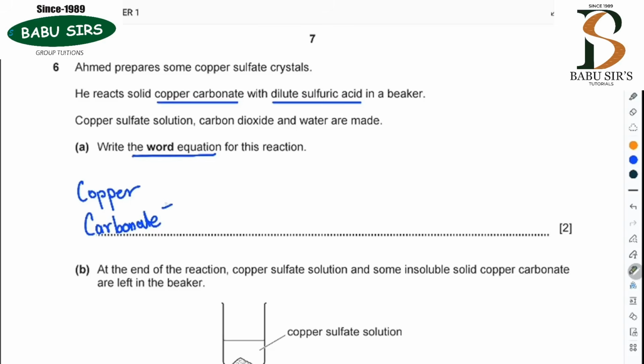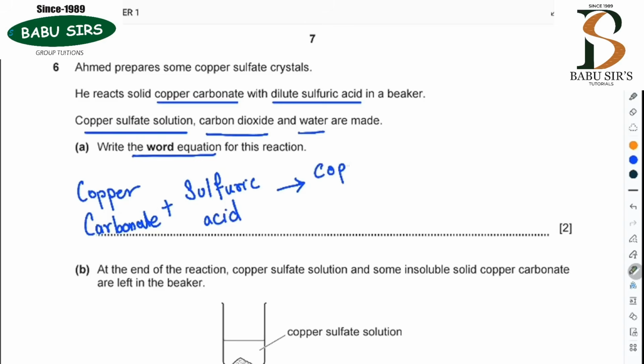Now this one will react with sulfuric acid. And what we are getting? We are getting copper sulfate solution, carbon dioxide and water. So the same thing you have to write it here.